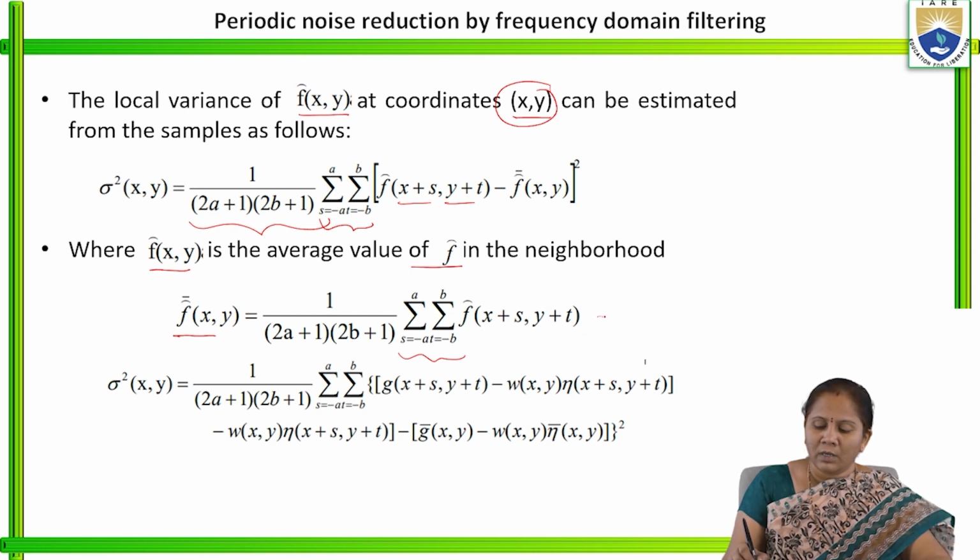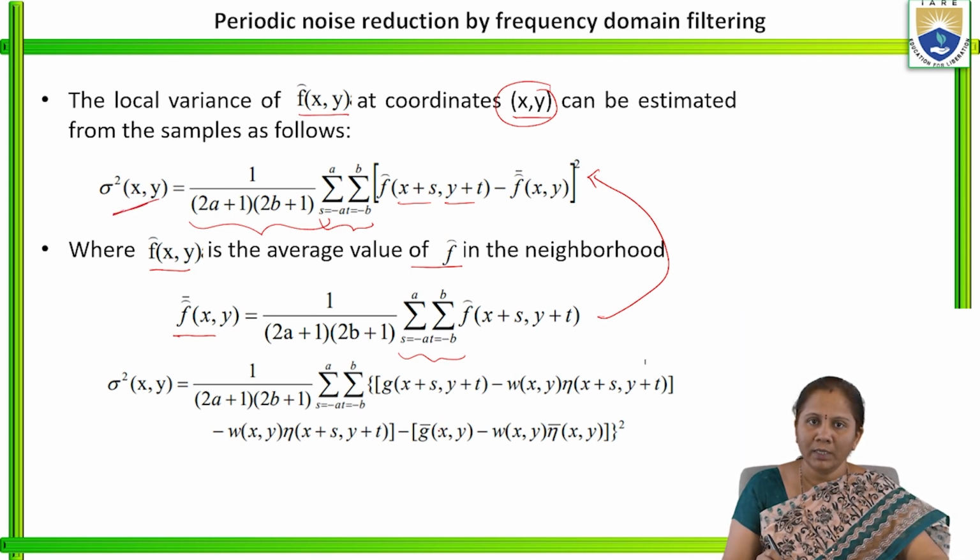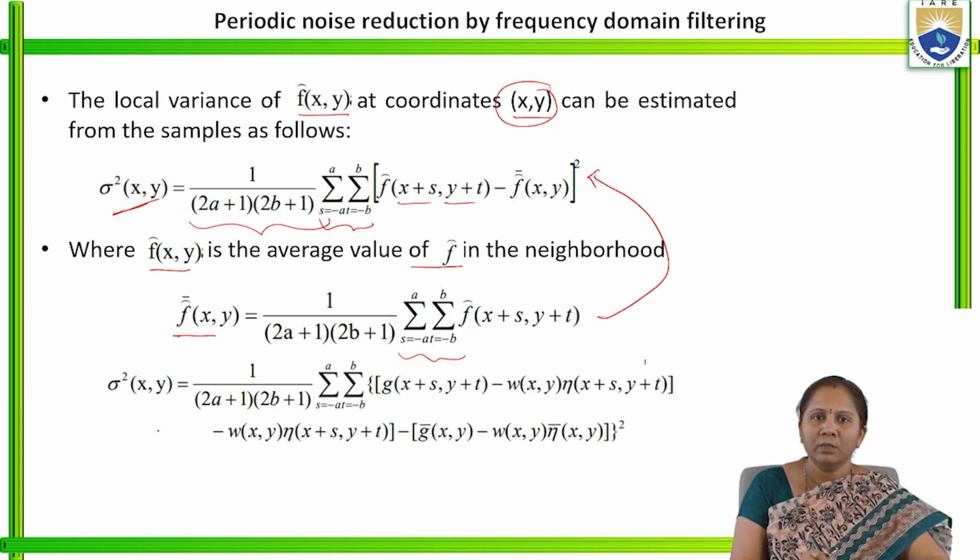So after considering this equation and substituting it in sigma square(x,y), we are going to get the new variance.